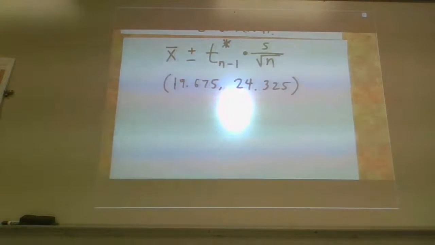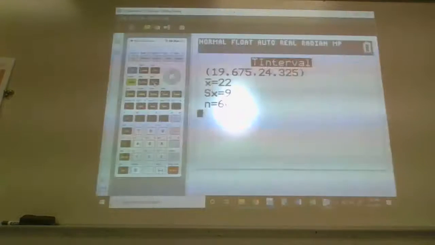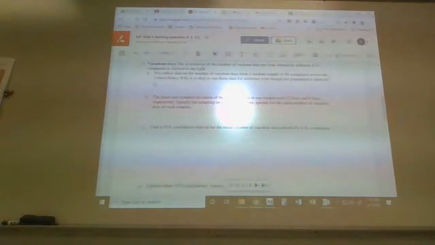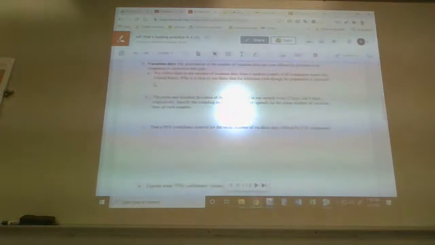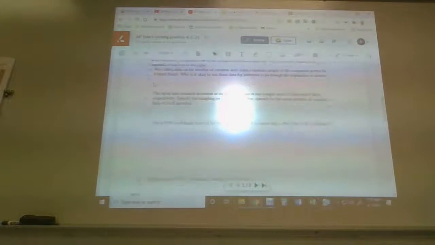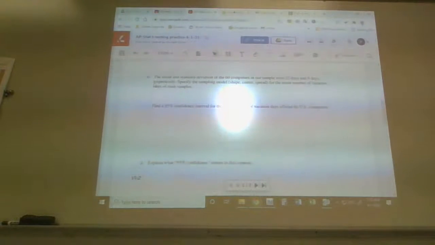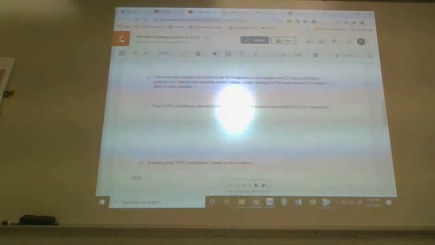Those are two separate questions. Let me see here. Find the 95% confidence interval for the mean. Okay, they didn't say interpret, but Part D does ask you to explain what 95% confidence means in this context. We'll talk about that in a moment.